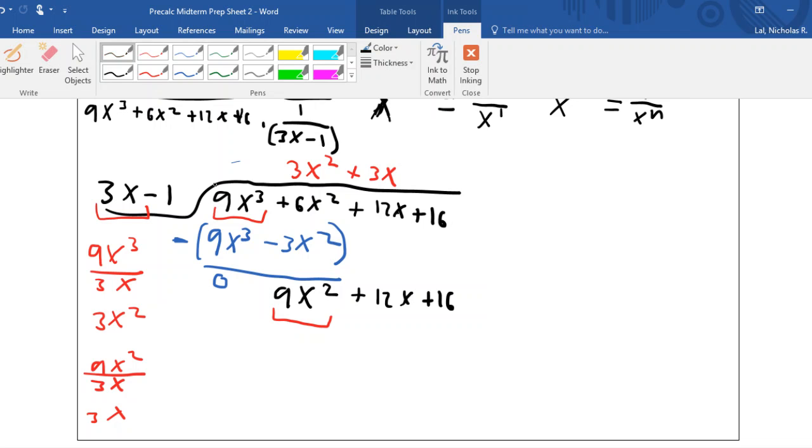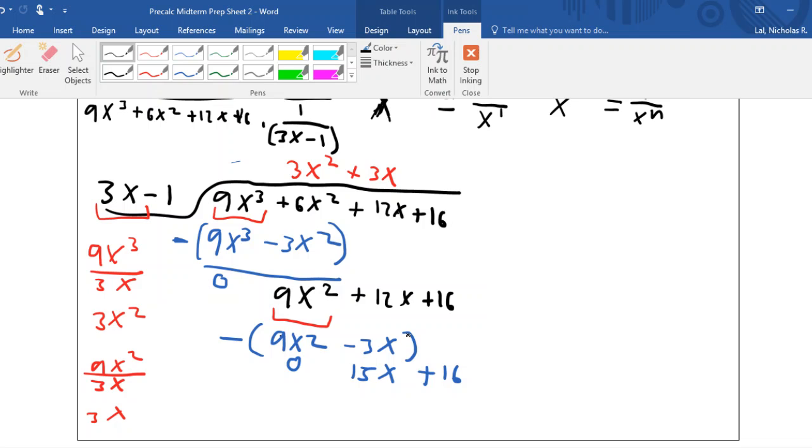And 3x times 3x is 9x squared. And what's 3x times negative 1? Negative 3x. I group, I subtract. 9x squared minus 9x squared is 0. 12x minus negative 3x is 15x plus 16.